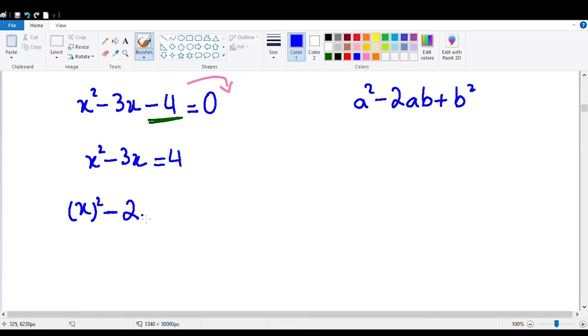Now a is x, so into x, and for b's value, we need to multiply the coefficient of the x term with 1 over 2. So 3 is the coefficient of the x term, so 3 with 1 over 2, you'll get 3 over 2.